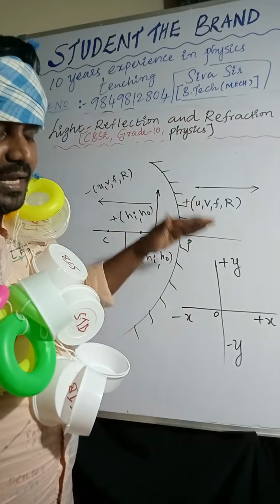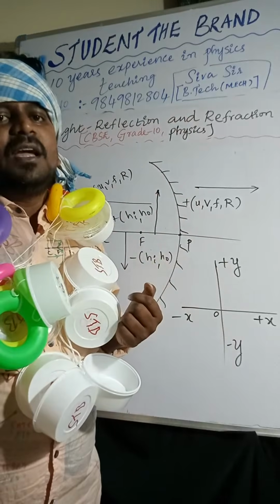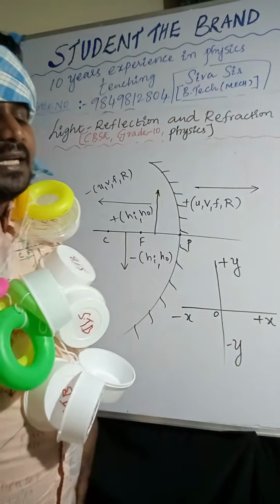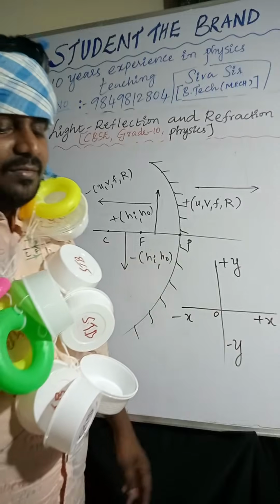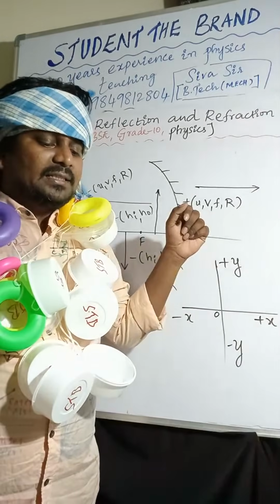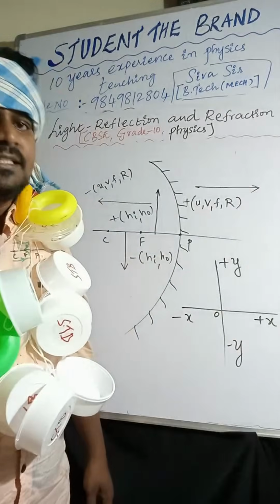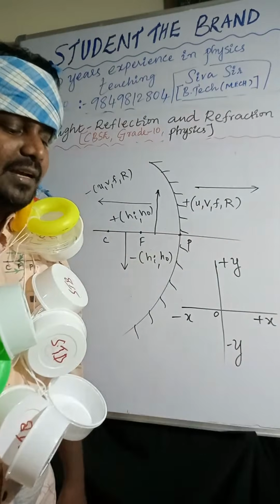Distances are negative below the principal axis. So this is about the new Cartesian sign conventions.